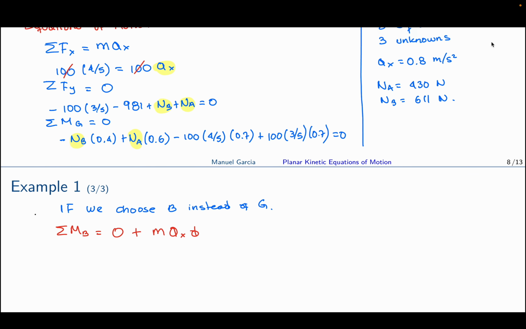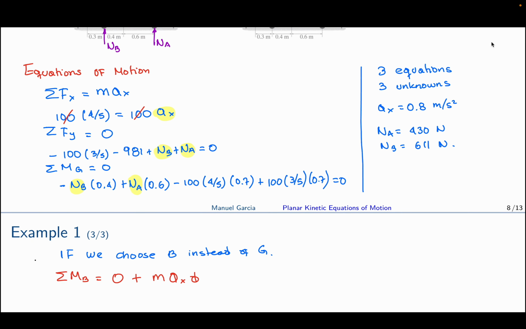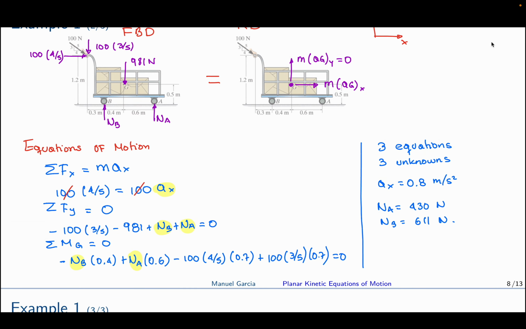So what is this? So the acceleration in y is 0, but we have the kinetic component.